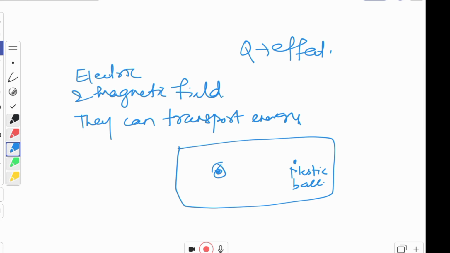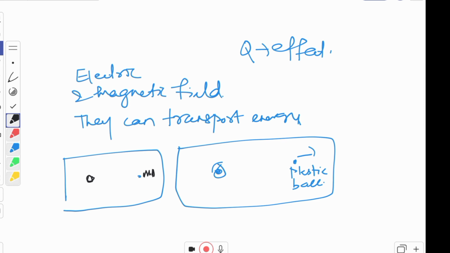When I throw this stone, is it going to affect the plastic ball? No. Now the same thing, we'll keep it in water. Still water is over here, the same very light plastic ball is over here. Now I have thrown the stone like this. Then what will we observe? We will observe this ball will move like this. There will be a change in motion of the ball.